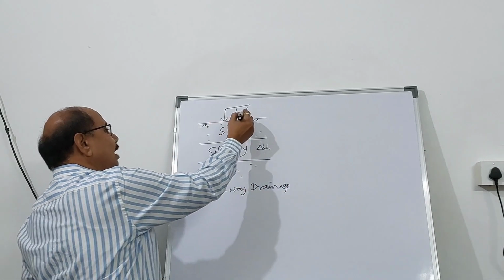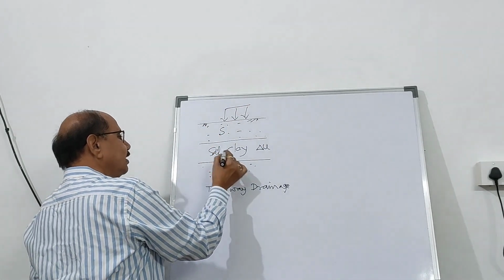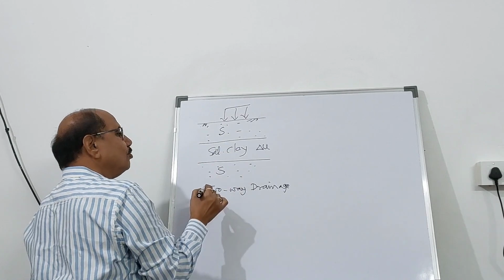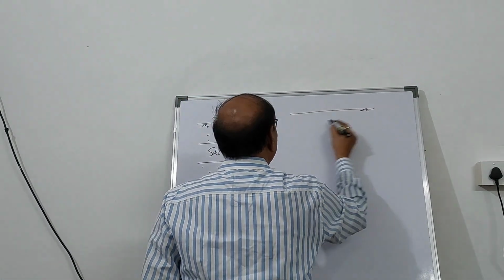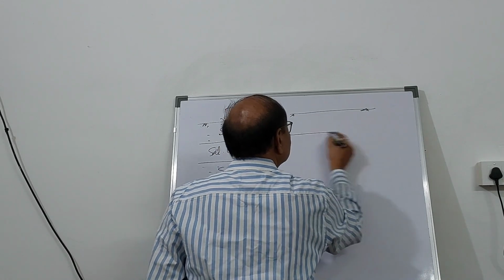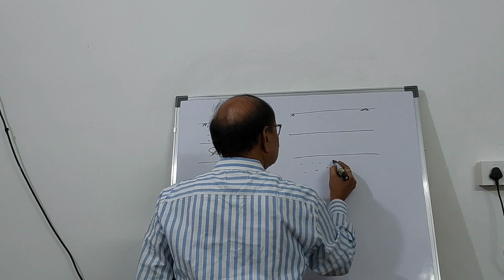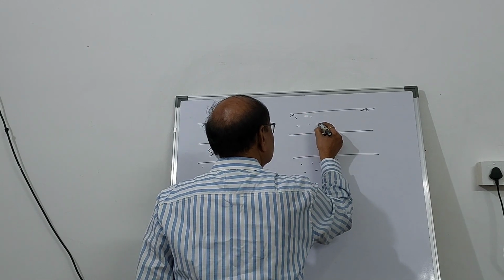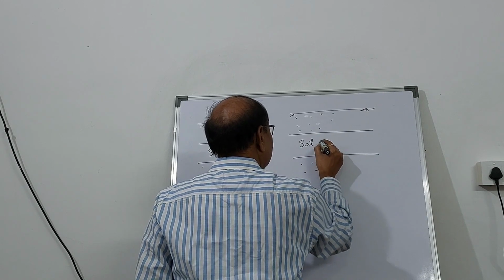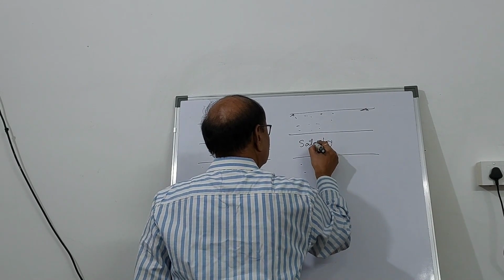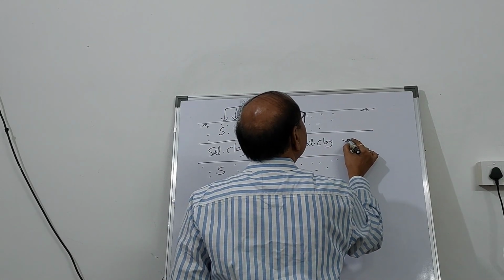You can see before application of this intensity of loading, this saturated clay has got certain overburden. So when there is no loading, this is the condition. Say this saturated clay, here you can calculate the overburden pressure at any level.